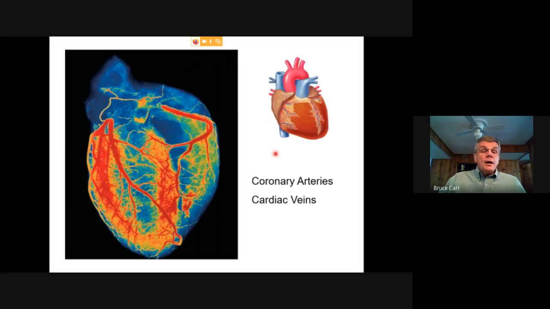This is a myogram of the heart that has been color enhanced to indicate the diffusion of the branching tubes, the arteries and veins that are supplying the living cells of the heart itself. The systemic circuit pumps to the rest of the body.